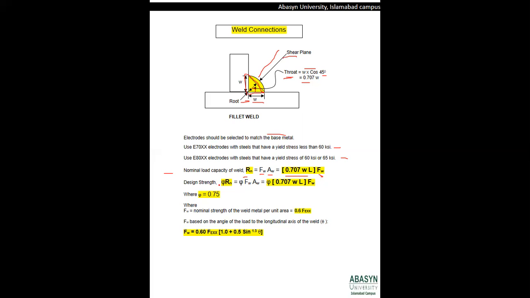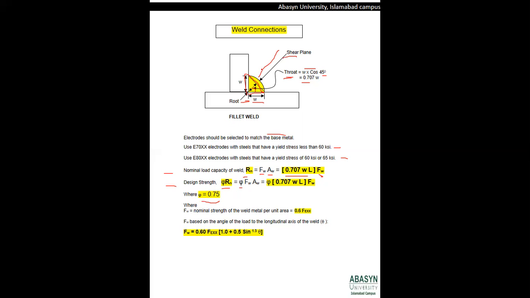Therefore, if we calculate the design strength of the weld, it becomes phi Rn, where phi is the factor of safety, and its value in the case of welded connections is 0.75, which is the same as that used for the shear design of the structure.